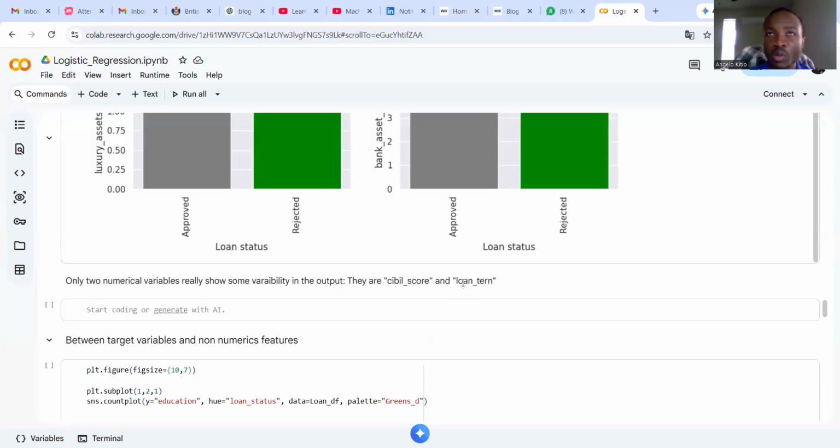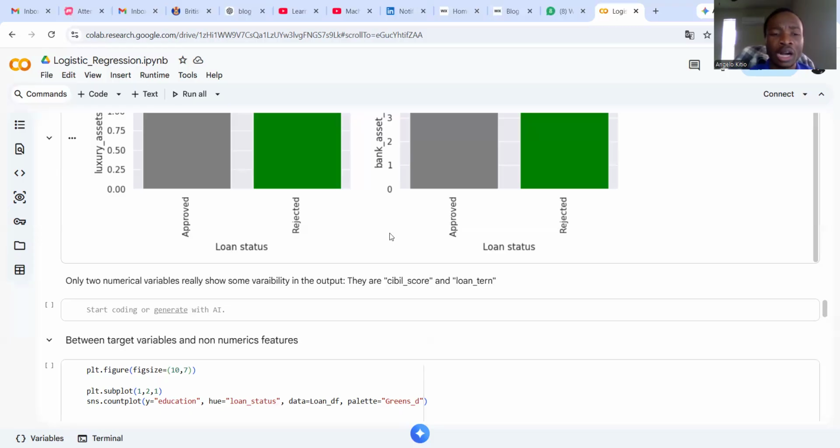And then for the loan term, maybe they don't want someone who gets a loan and then pays it back in 5 years. Maybe they want that money in a shorter time. So maybe the longer your loan term is, the less likely you are to get the loan approved, which is the reason why we always need to do this sort of visualization. It's pretty important.